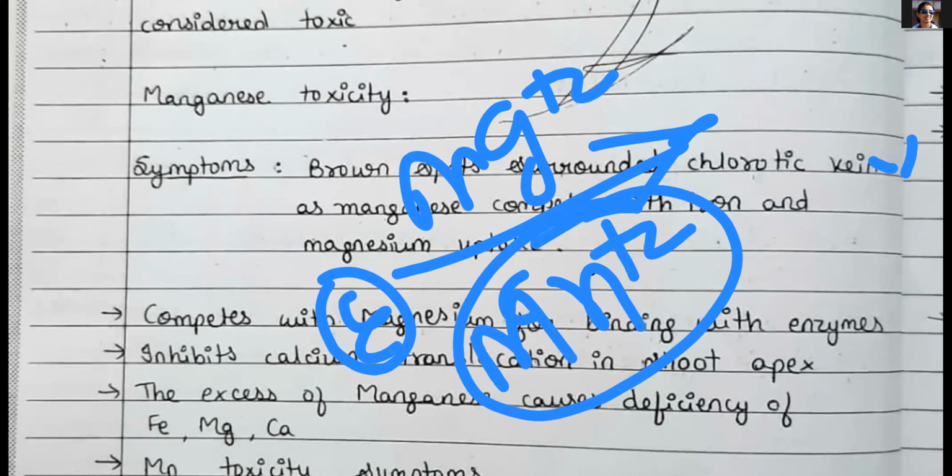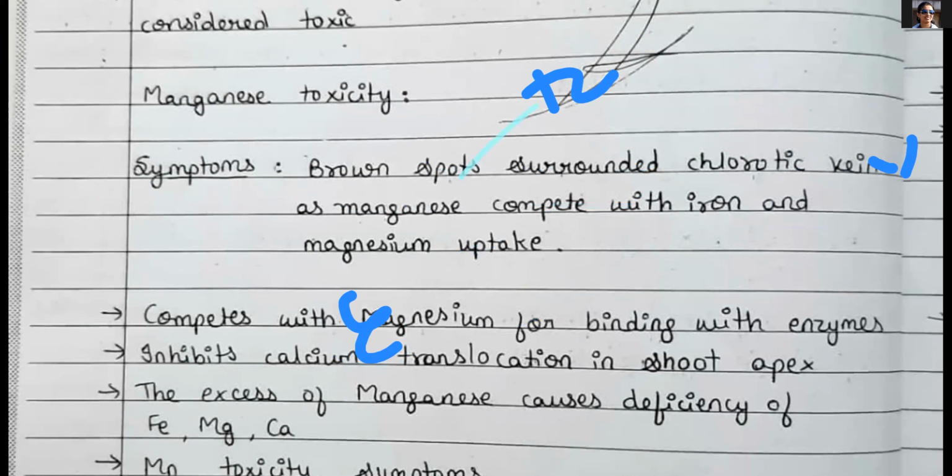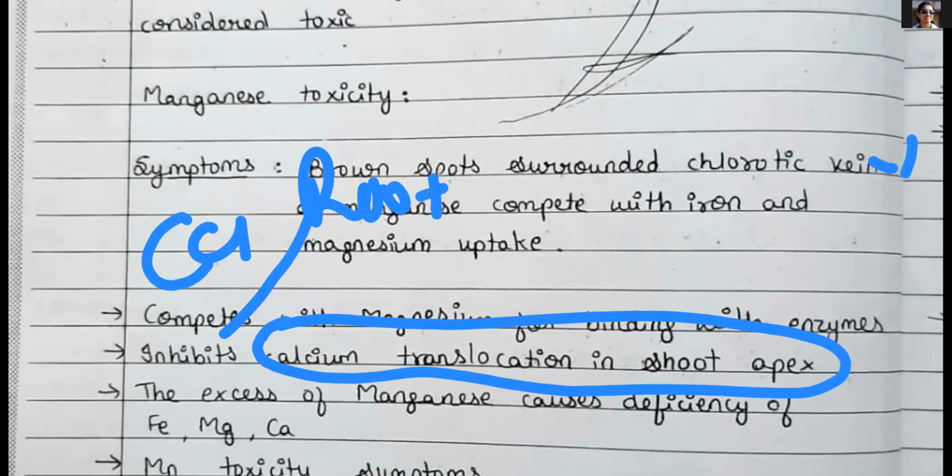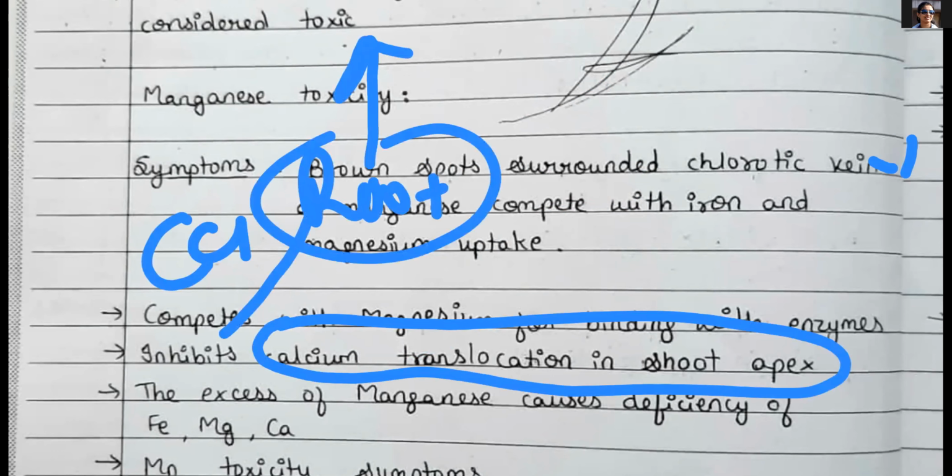Manganese. Manganese competes with magnesium to bind with the enzyme. Manganese also inhibits calcium translocation in the shoot apex. Calcium is absorbed by the root, but it cannot be translocated towards the shoot apex.